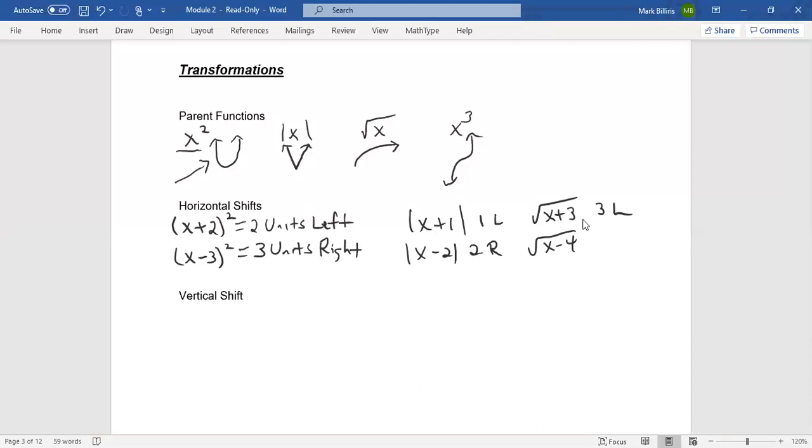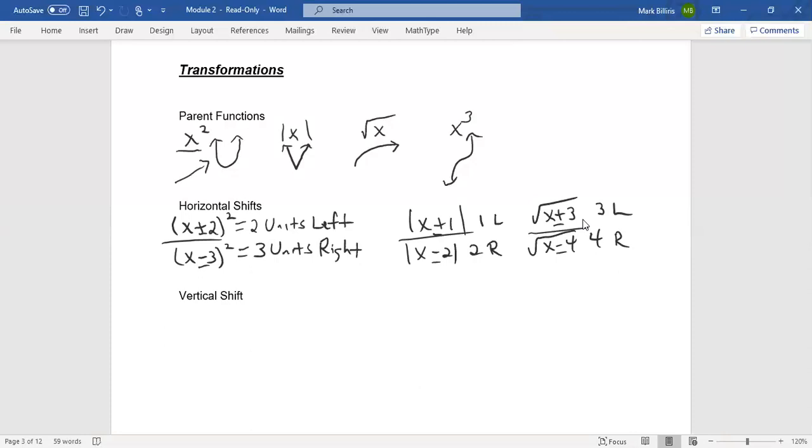And since it's underneath the radical sign, we're going to shift 4 units to the right. So again, when it's positive, we're shifting to the left. And when it's negative or subtraction, we're shifting to the right. And again, notice the location of the values within the parentheses, within the absolute value, included underneath the radical sign.